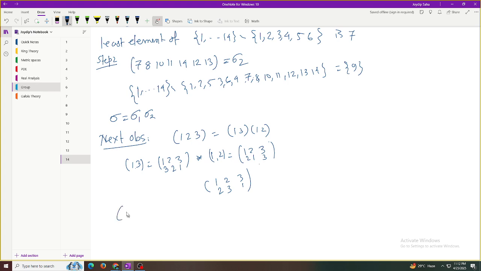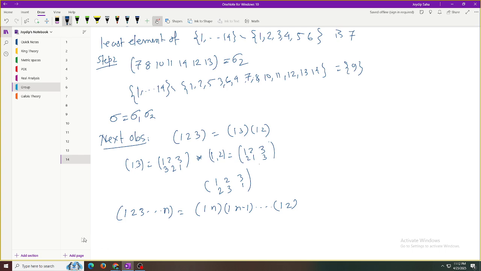So we can write (1 2 ... n). It has (1 n), (1 n minus 1), ... (1 2). I can write it as this one.